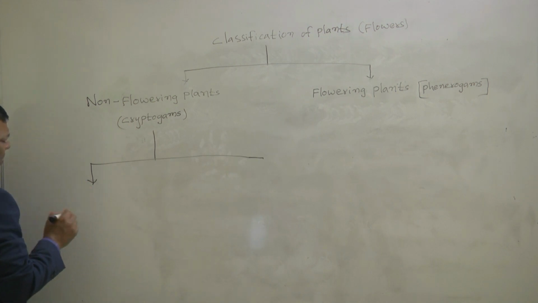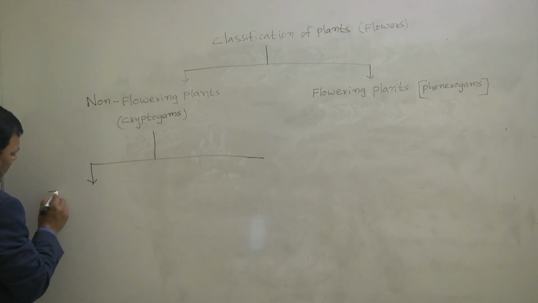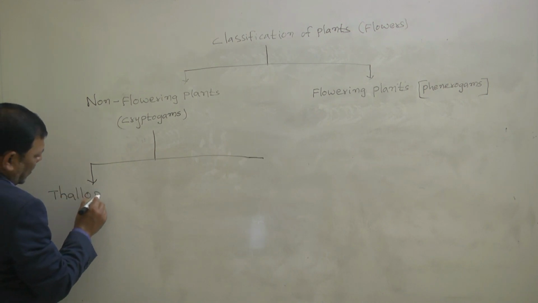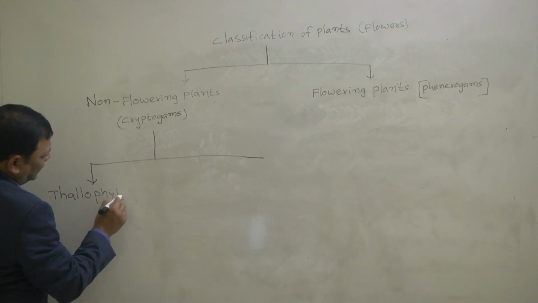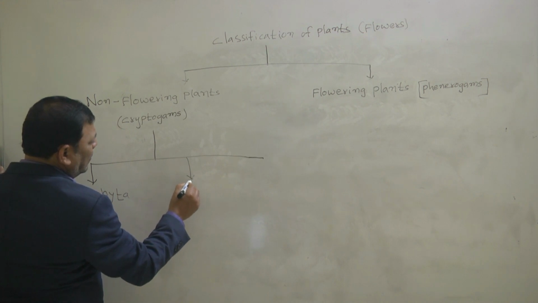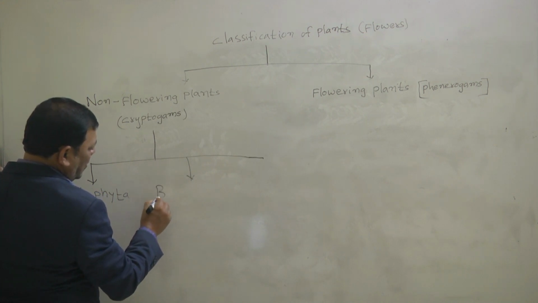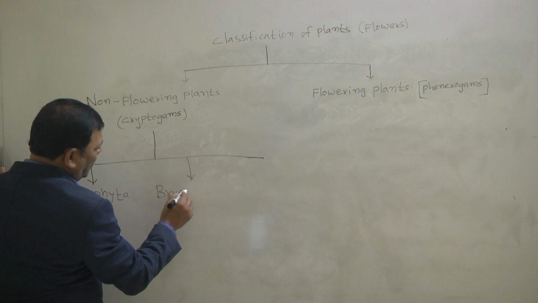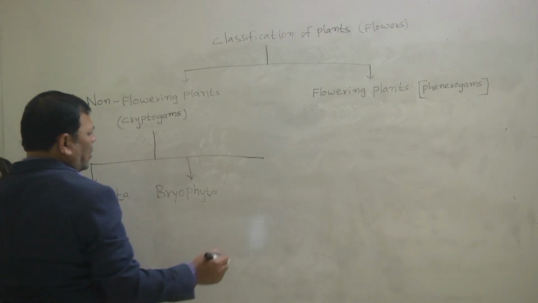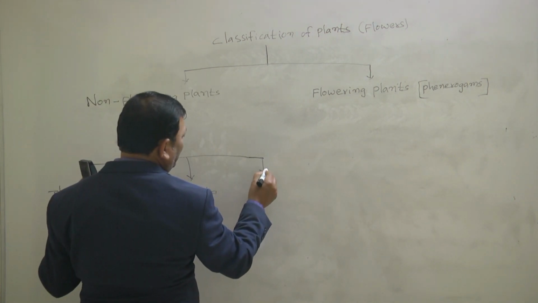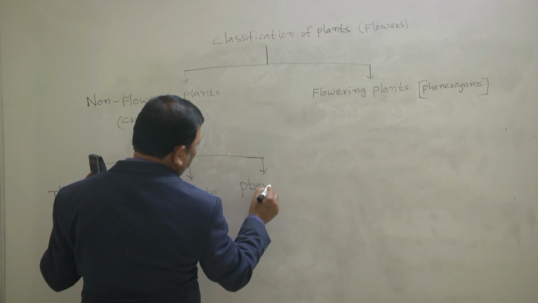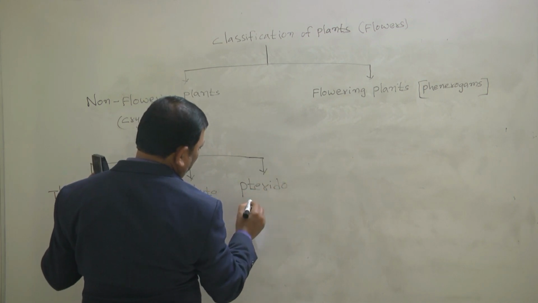Again, these non-flowering plants are divided into thallophyta, second one is bryophyta, third one is pteridophyta.